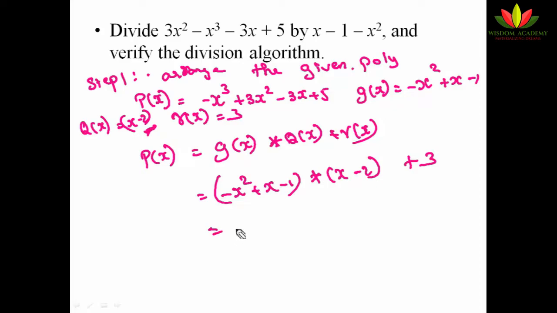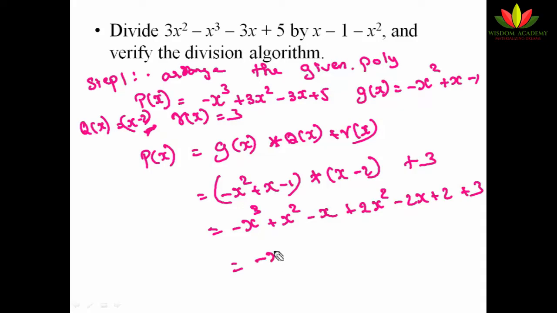If I multiply this, I will get the resultant as minus x cube plus x square and minus x and minus 2x square, it will be plus 2x square and minus 2x and plus 2 and plus 3. So here it will end like, because these two things are in x square, I will add together to 3x square and these two are in x, and I will write it as 3x and plus I will get plus 5 as an answer.